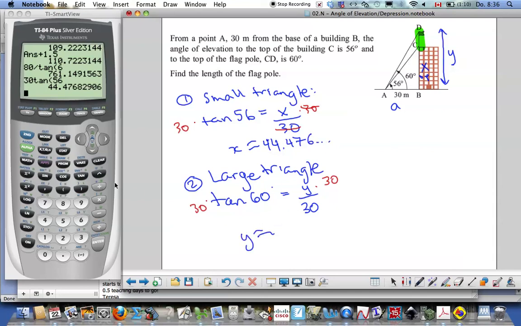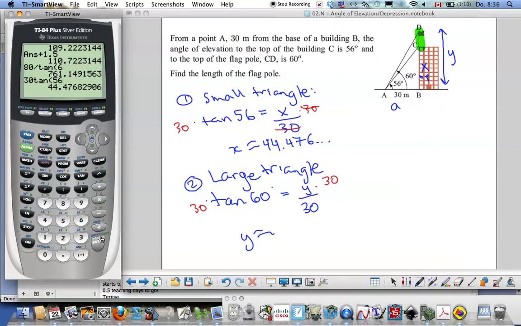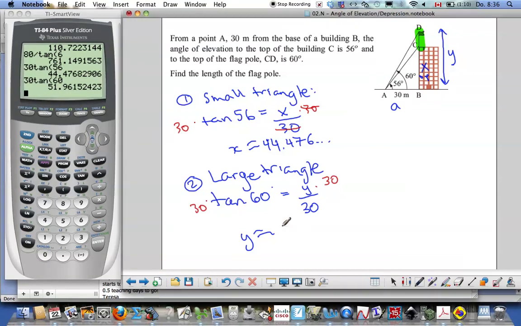So y is approximately equal to 30 tangent 60, which is 51.962. Of course, the height for the larger triangle is a bit larger. Now y minus x is going to give us just the height of the flagpole.